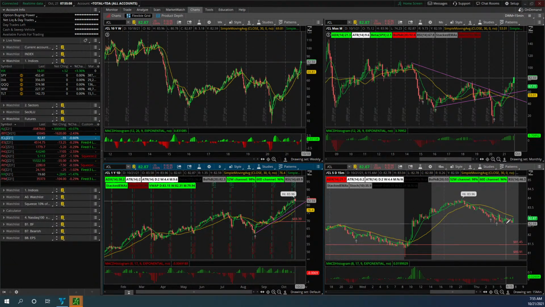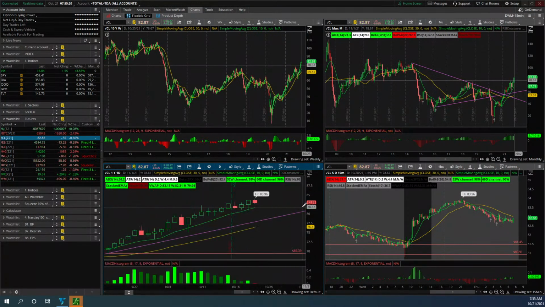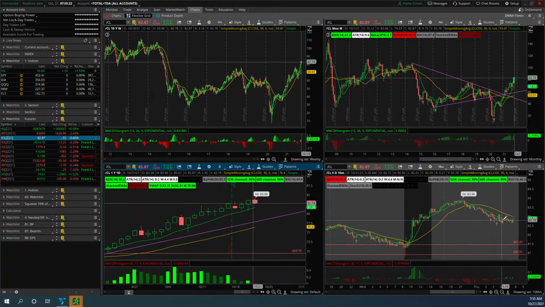Yeah, this is in the 15-minute. This is the break I was looking for. It didn't happen, so it moved up here, still in the range in the daily. We'll see what it does here.